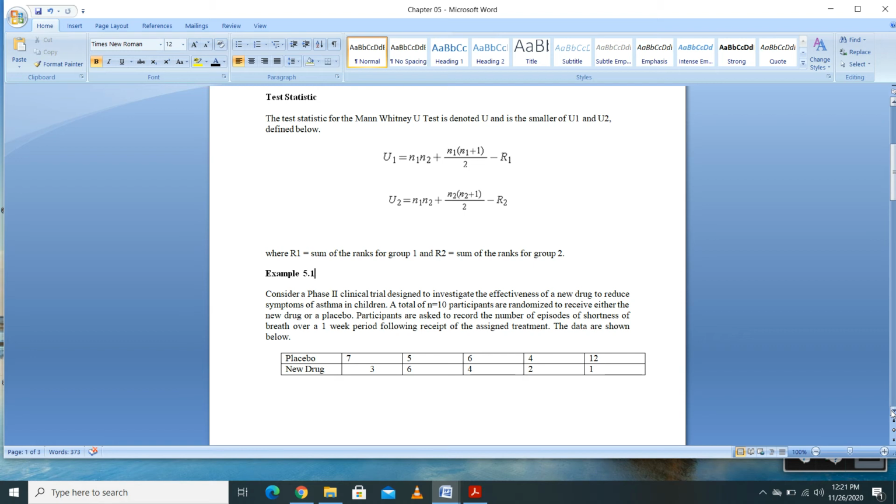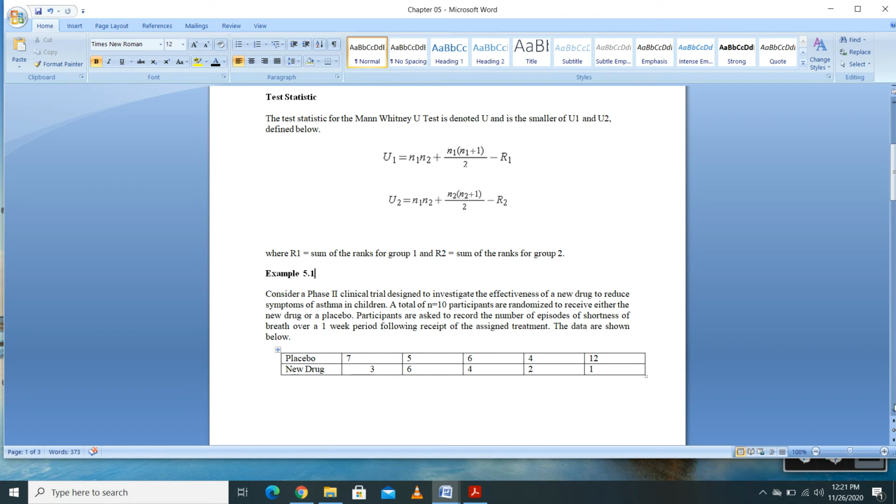Then they have asked the patients to record the number of episodes of shortness of breath within a week, and the values are given. For example, if you take this first observation, this patient is given the new drug, and within the week this patient has come up with shortness of breath 3 times. Right? So we want to check whether there's a difference between the patients who have used the new drug, or there is no difference.